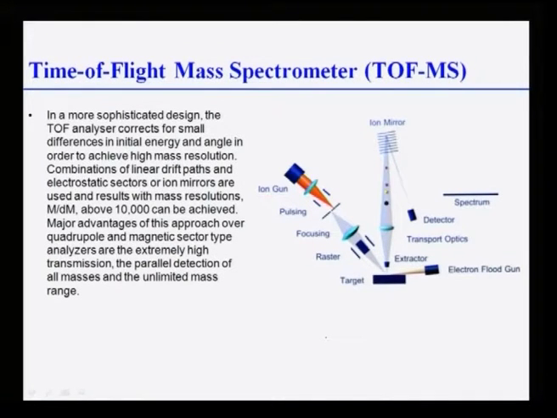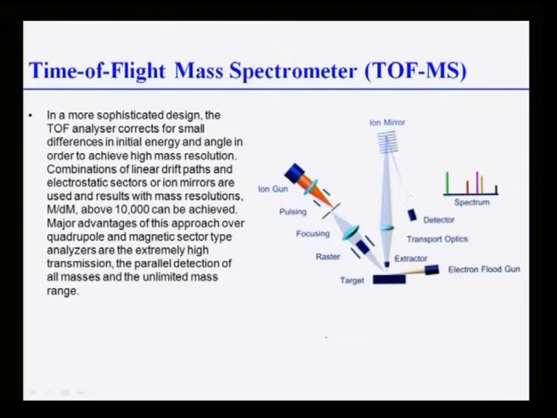The next one, which I have already discussed, is time of flight. Time of flight is the most notable one. Here you have an ion gun which can be pulsed and also rastered, and the primary ions fall on the sample surface, and then secondary ions are generated. You can extract the secondary ions using an extractor, and then they pass through a long distance.